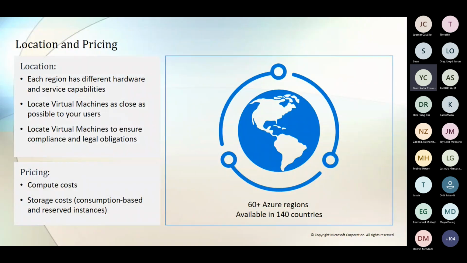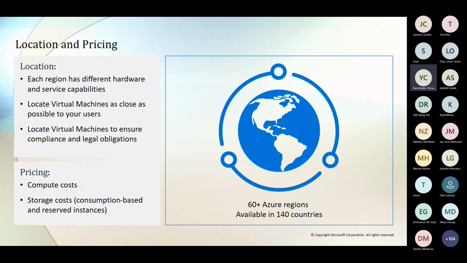Location. Each region has different hardware and server capabilities. I told you in the first class, maybe the administration class, that Azure has more than 60 regions available in 140 countries. We can deploy our VM in any of these regions or data centers, but different data centers provide different hardware and service capabilities. So you have to consider these things also.